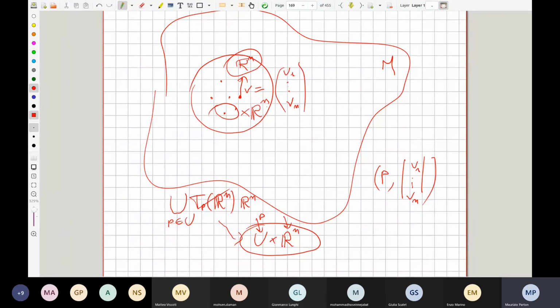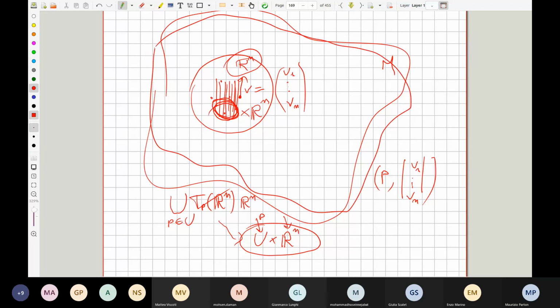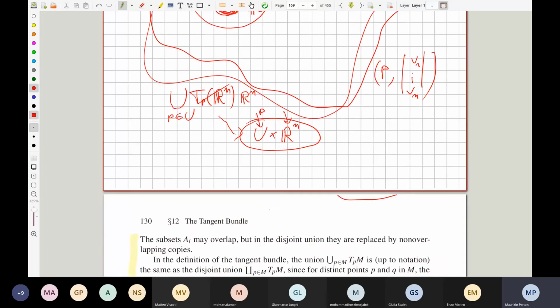So you are taking as open set the open set in your manifold, and over every point of your manifold you are putting all the tangent vectors that you can put on it. And you call this a fundamental system of neighborhoods. You use these open sets to generate a topology on your union, on the big space. And this is giving the topology on your bundle.